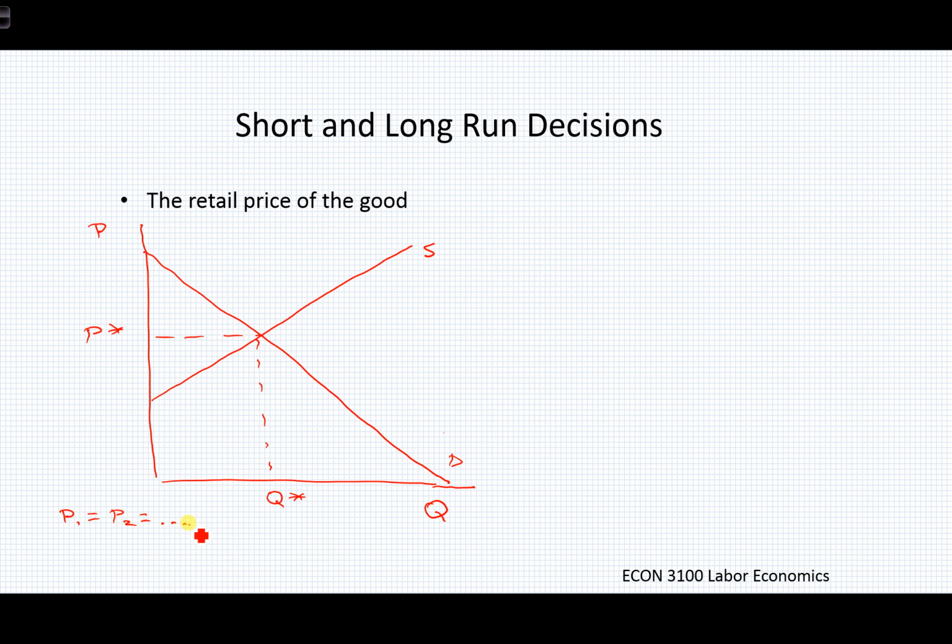That's going to be equal to the price that any consumer pays, which is going to be equal to P star. So in other words, not only are consumers price takers, but firms are price takers as well. Neither of them are setting the price of the good being produced and being consumed.